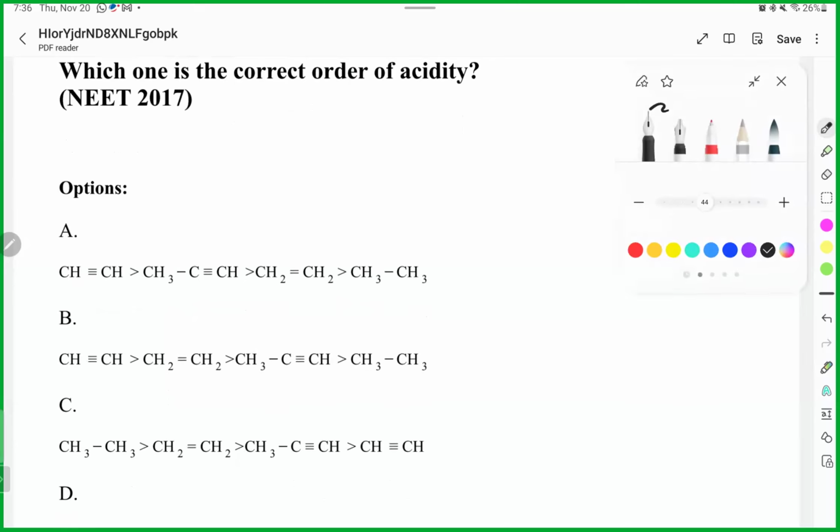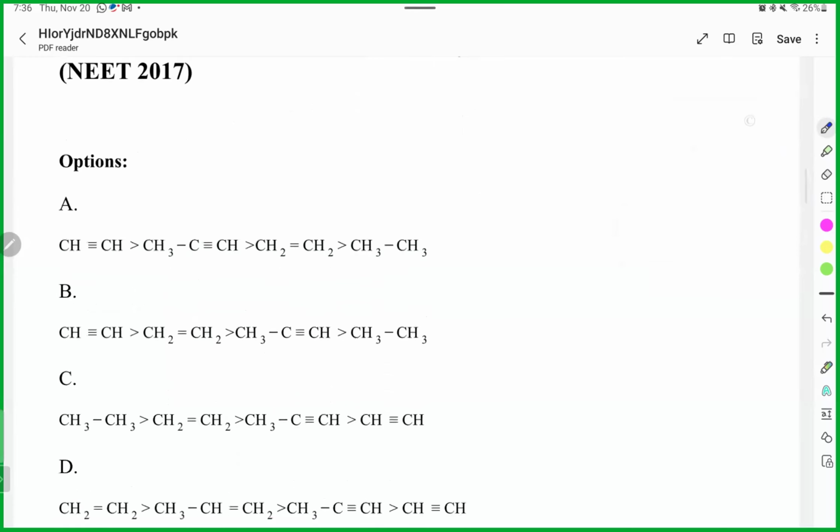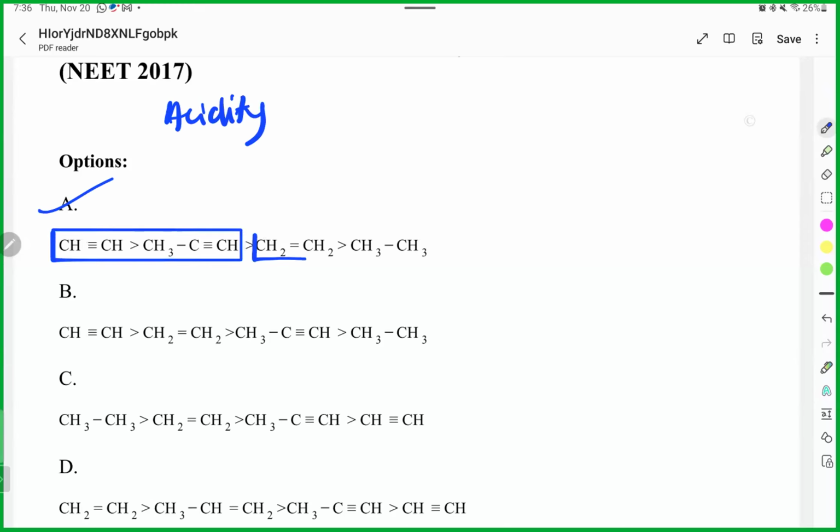Alkyne has maximum acidic character, then alkene, then alkane.